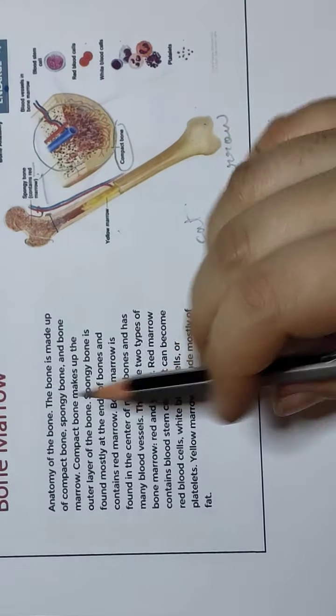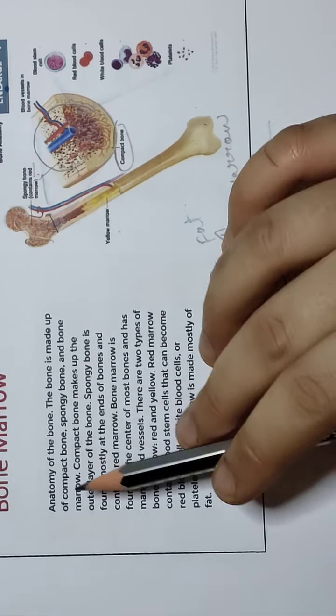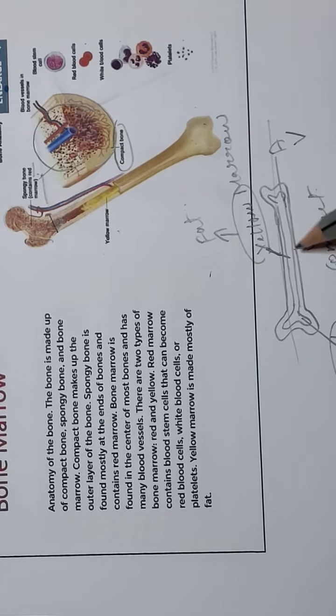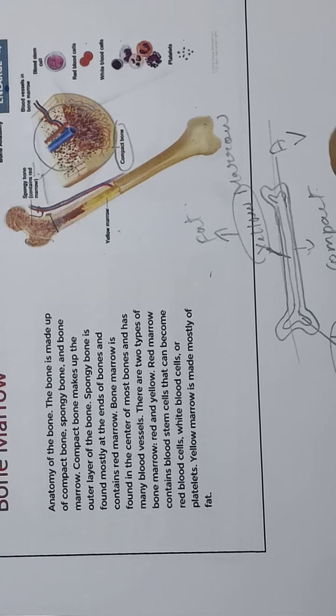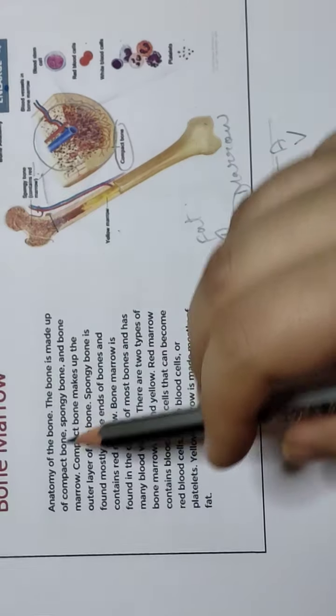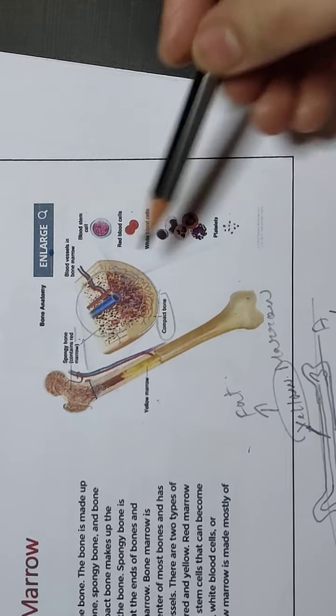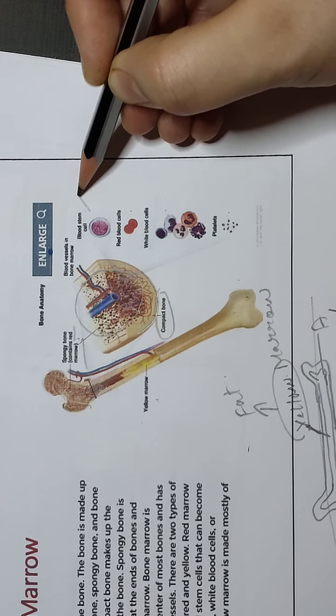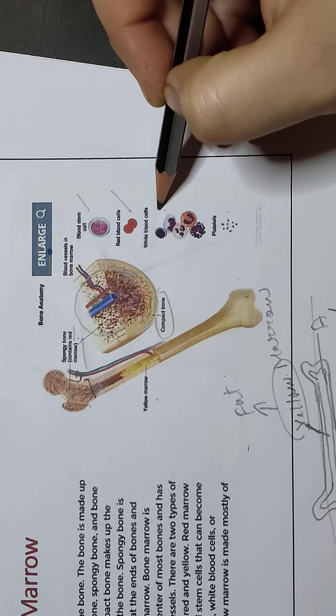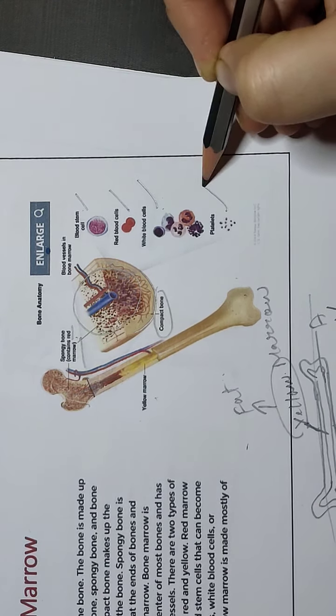So, bone is made up of a compact bone, that is the outer surface. On the inside, you have the red spongy area and the yellow area. Now, the bone marrow will form stem cells, red blood cells, white blood cells, and platelets.